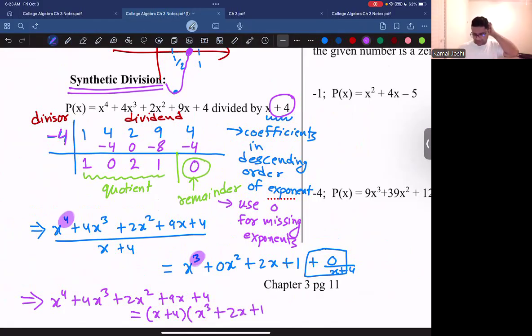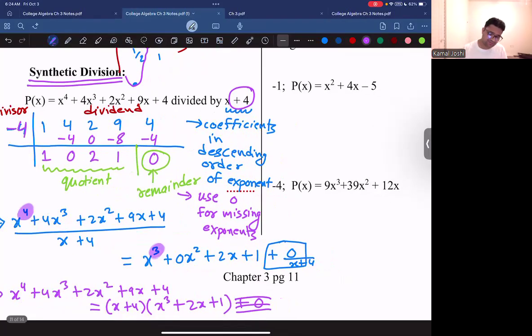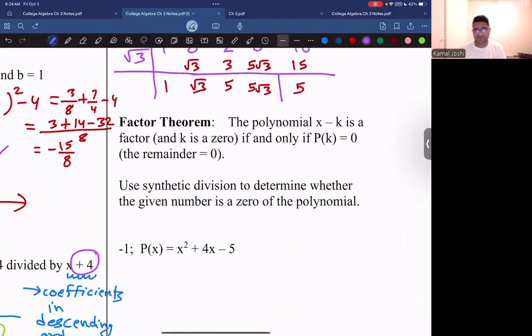So I dropped it, okay? Plus the remainder is 0. So I didn't have to write it. And if you don't write it, it shows that x plus 4 is a factor. The left side polynomial is factored as x plus 4 times the quotient. Okay? So when the remainder is 0, the divisor is a factor of the polynomial. And that simple observation is called the factor theorem.